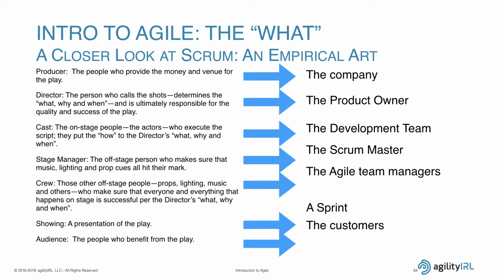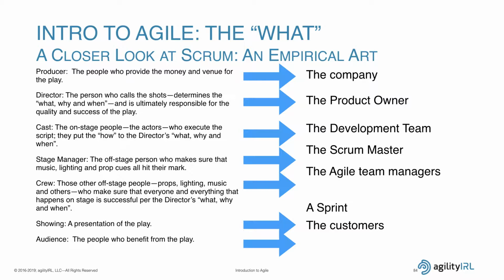So earlier I talked about how Scrum, or product development or any of these things, was closer to an empirical art than to a defined process. Let me give you an example. In a theatrical play, you have the producer, the people who provide the money and the venue. You have the director, the person who calls the shots, determines what, why, and when, ultimately responsible for the quality and the success of the play.